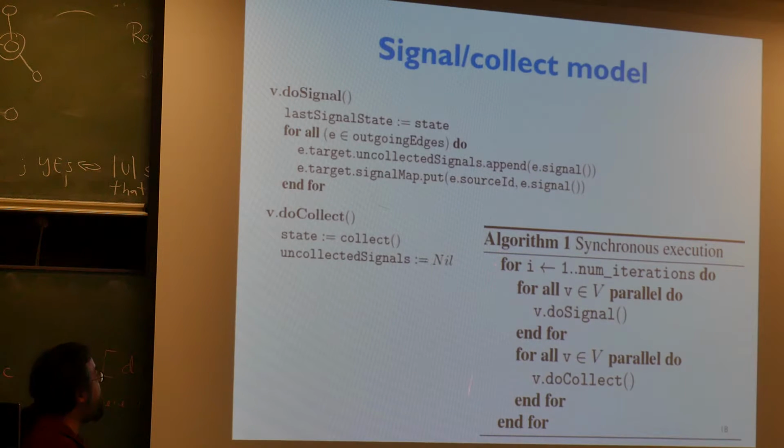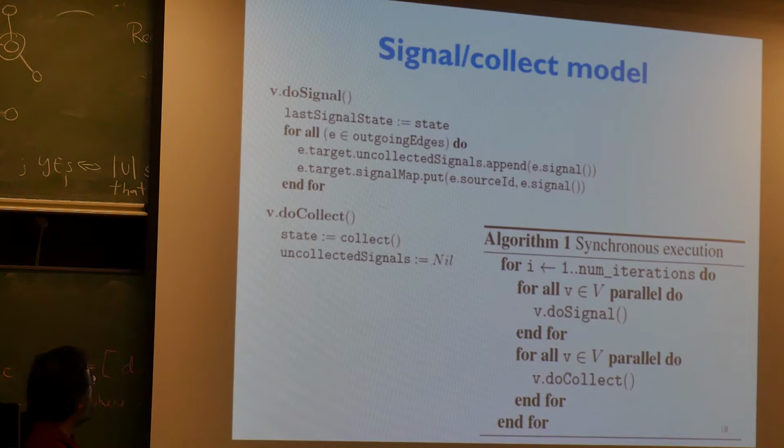You go over a certain number of iterations, and first you call do signal on all the nodes, then you call do collect on all the nodes. Do signal goes to the outgoing edges and adds the signal to the destination of that edge. There's a signal associated with that edge, and that gets sent to the target of that edge, two different ways, one in the map and one in the list.